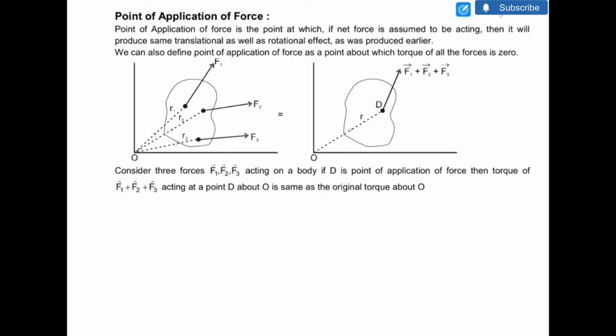So this is the point of application of force. It might be possible that most of you are not getting my point, so I'll demonstrate it by one example in this video.